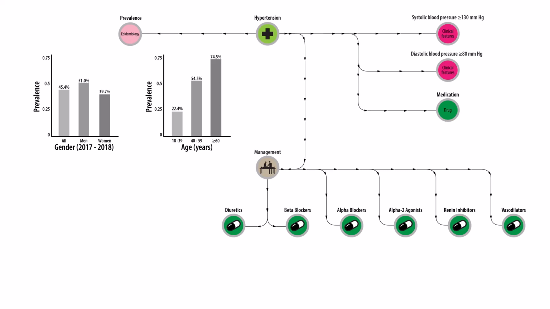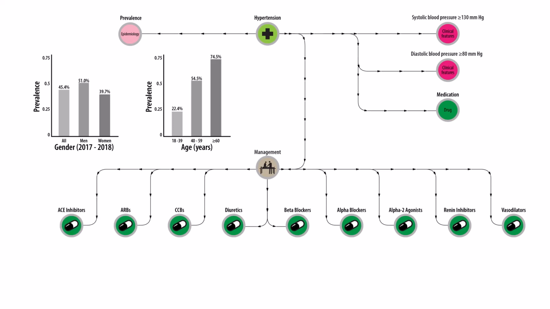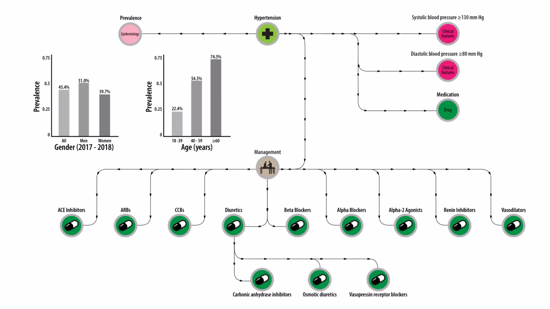Likewise, there are diuretics, calcium channel blockers, or CCBs, ARBs, which are angiotensin receptor blockers, and ACE inhibitors, or angiotensin-converting enzyme inhibitors. Now, under the diuretics, there's a handful of those. There are carbonic anhydrase inhibitors, osmotic diuretics, and vasopressin receptor blockers, as well as potassium-sparing diuretics, loop diuretics, and thiazide diuretics. So this is the list of drugs that are used to treat hypertension.